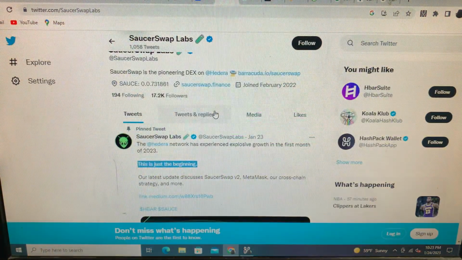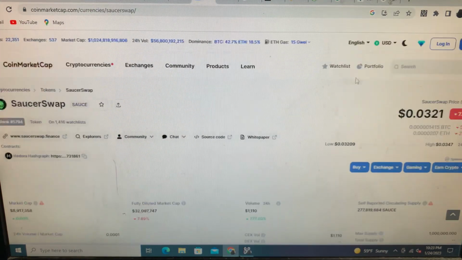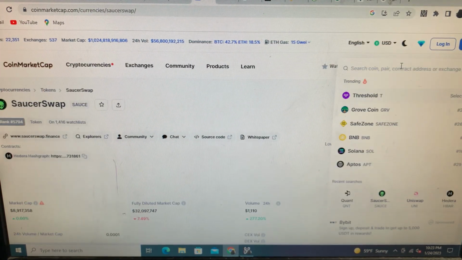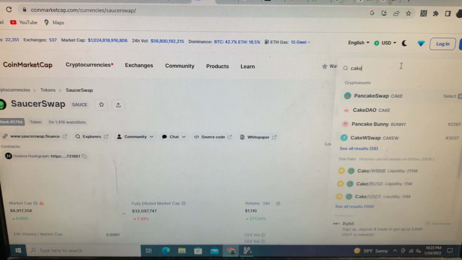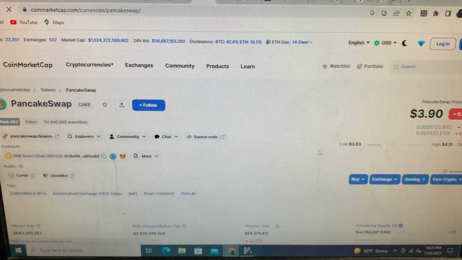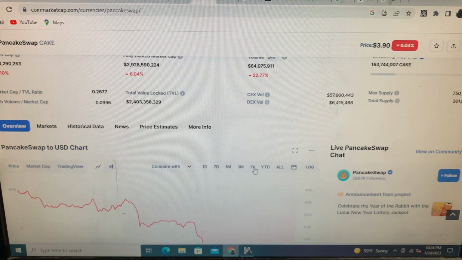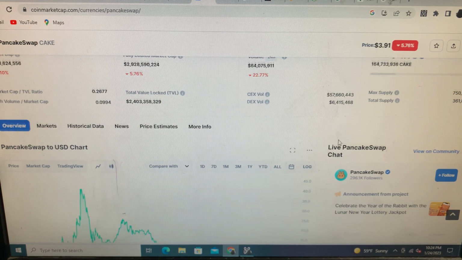So the closest thing I have to compare this to is, as I've already told you guys, PancakeSwap. So if you look at Cake, it's going to follow this trajectory, except it's going to follow even higher.